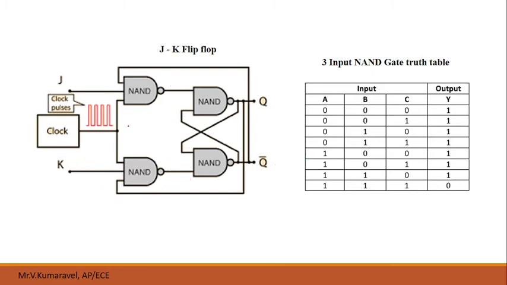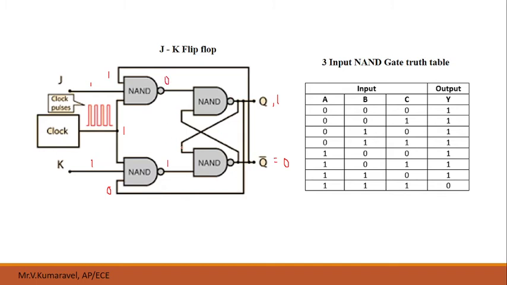Okay, so now what happens? Clock pulse equal to 1, JK equal to 1 1. So from 0 it is changed to 1. So this is changed to 0. Now this is applied as an input here. So here 1, here 0. So what happens? NAND gate 2 is 1, NAND gate 1 is 0.